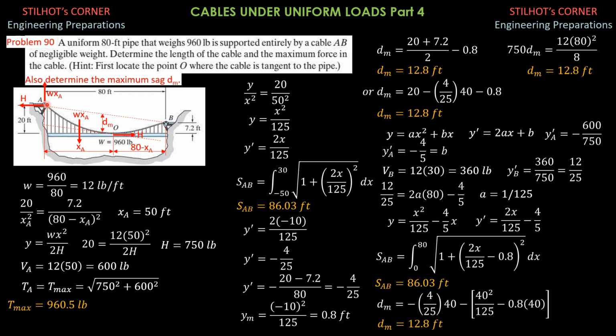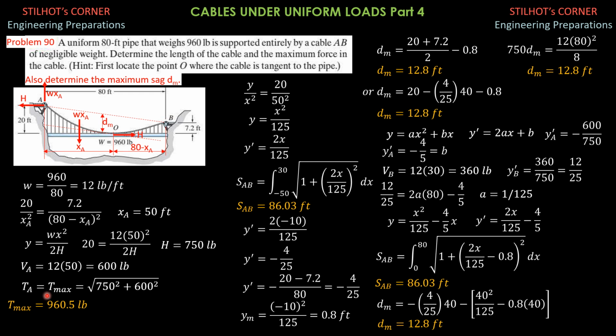The vertical component of force at A is WXA, equal to the area of this rectangular load, uniform weight of pipe times XA. So 12 uniform weight of pipe, XA 50, so 600 pounds. From there, we can compute VA, which is 12 times 50, 600.